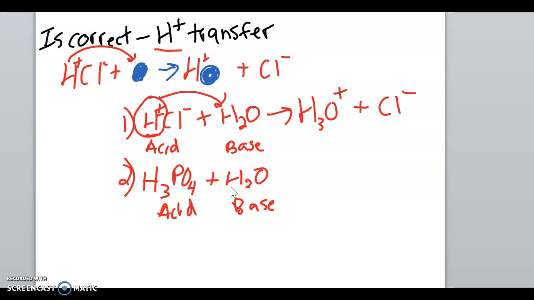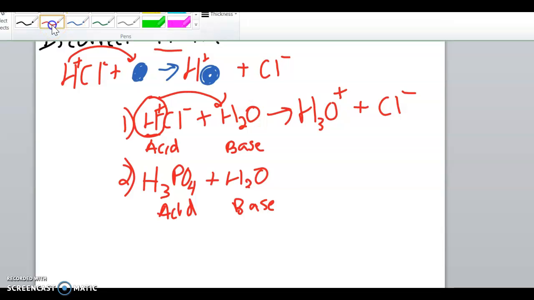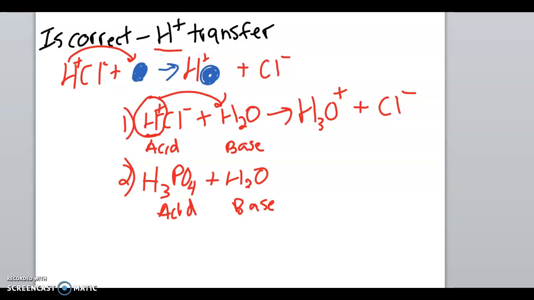So in predicting what our products will look like, we know that the H3PO4 is going to give up an H+. So just one H+ is going to go on to water.